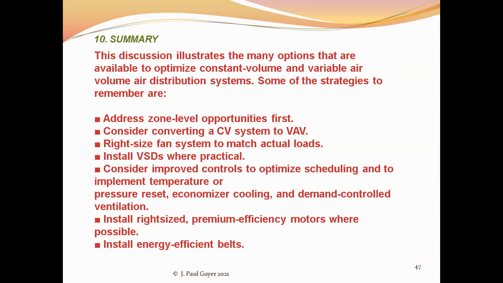Other zone level opportunities typically are inspection and evaluation of dampers in the system, because they do kind of get jammed in the wrong position, and that needs to be addressed.